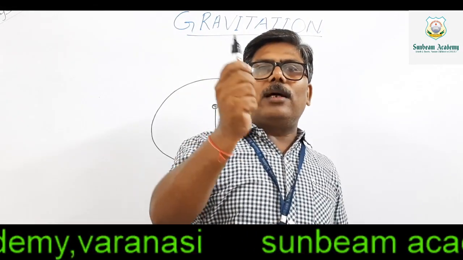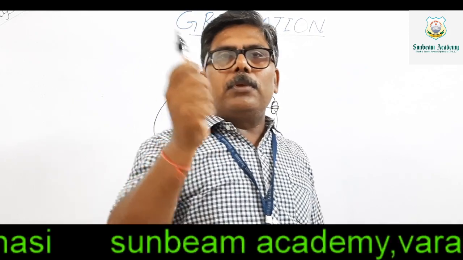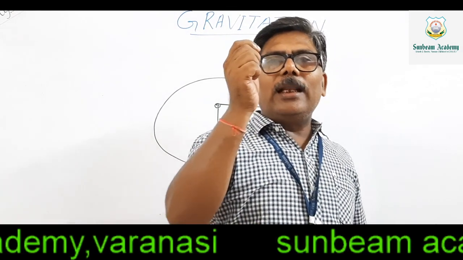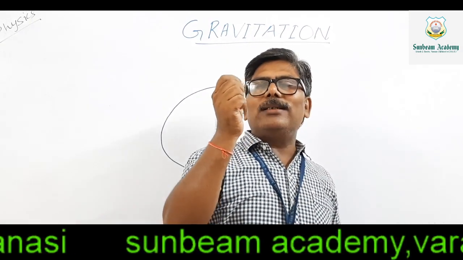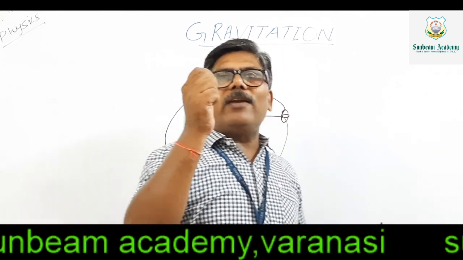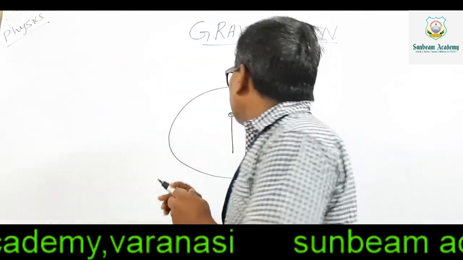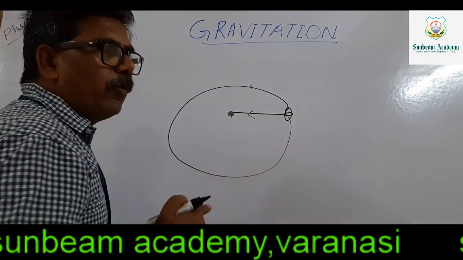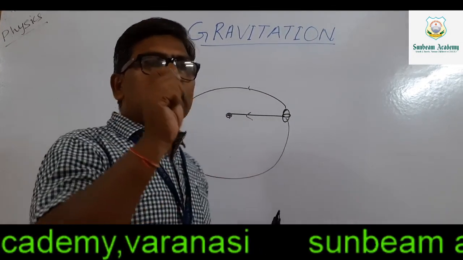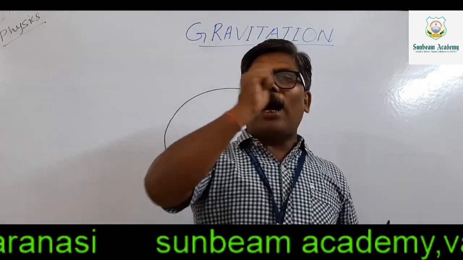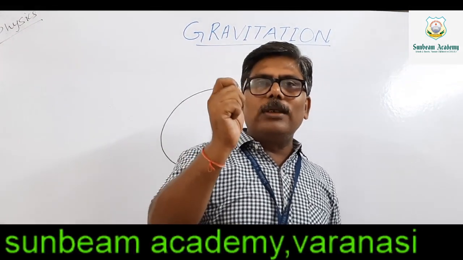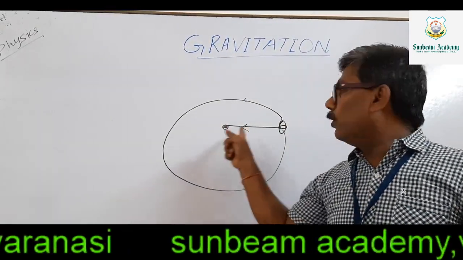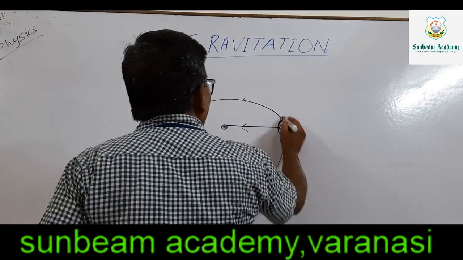When you rotate that stone with the help of a string, some force will be exerted at your tip, and that force is called centripetal force, because that force is exerted towards the center. Due to this centripetal force, the stone tries to move around the circular orbit. As soon as you release that thread, what will happen? This stone will fly off tangentially.